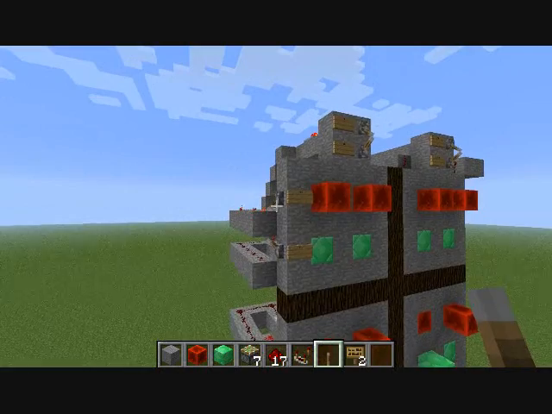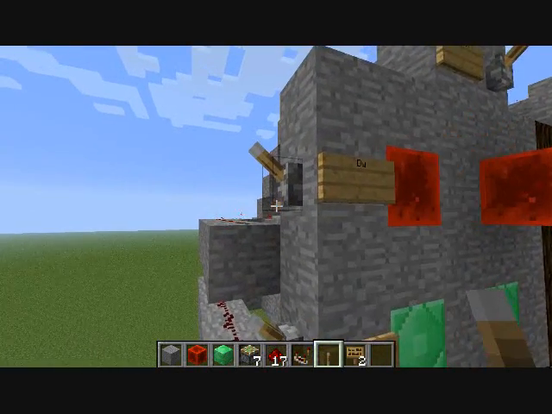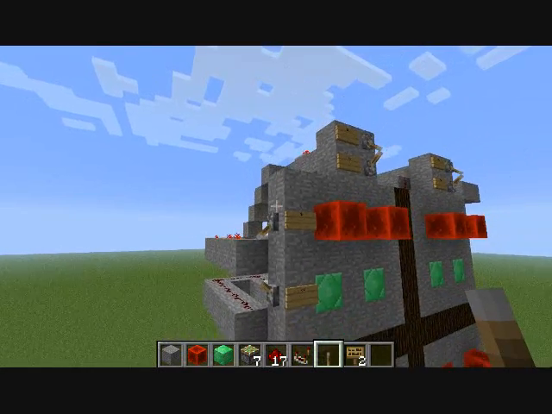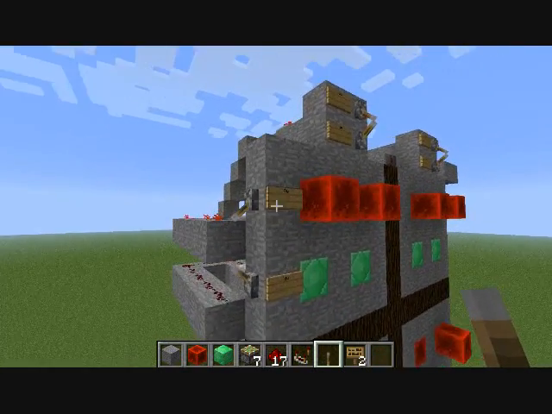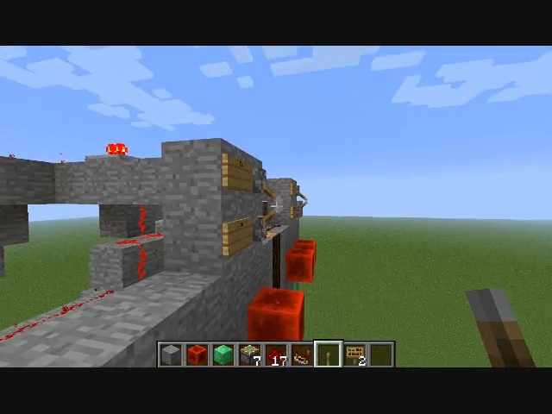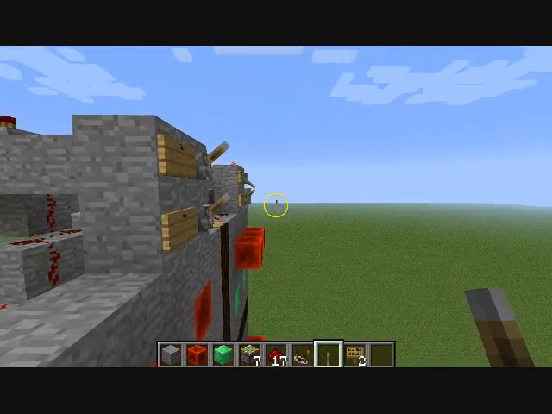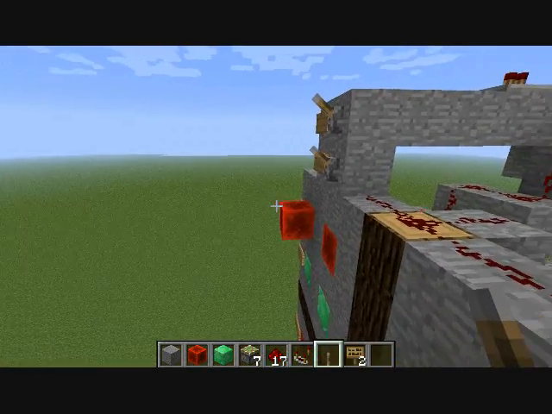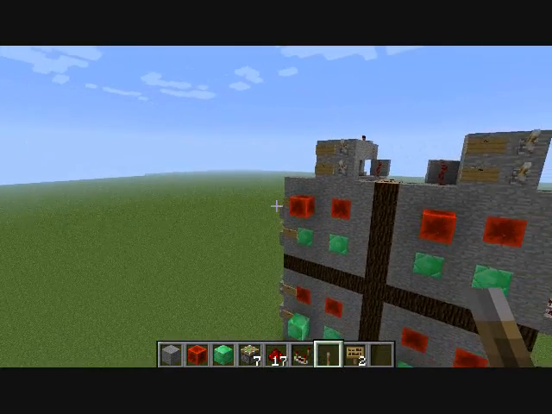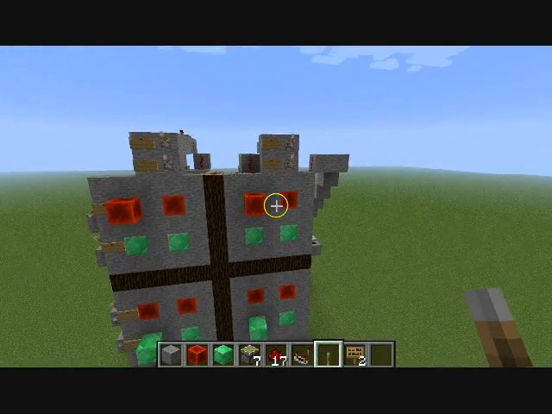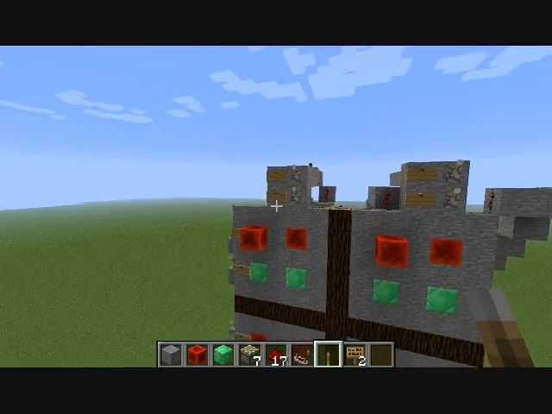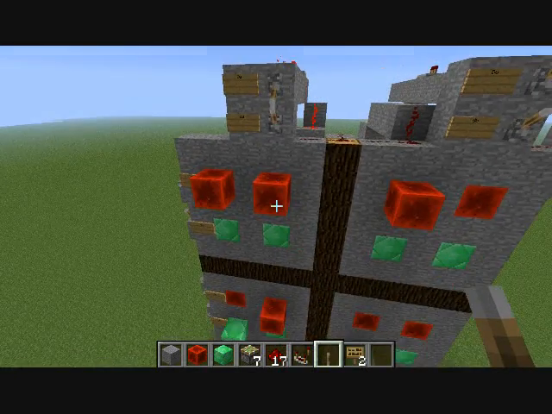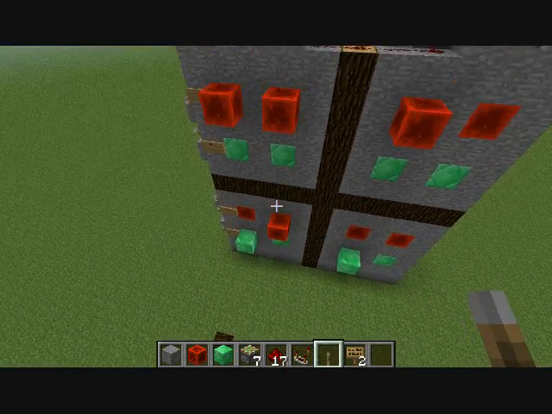Each lever is connected to two blocks. So this lever is connected to both dominant blocks on the left. Let's turn off the top one. So we can see that this lever over here connects to these two. The levers on the top connect to two going vertically.